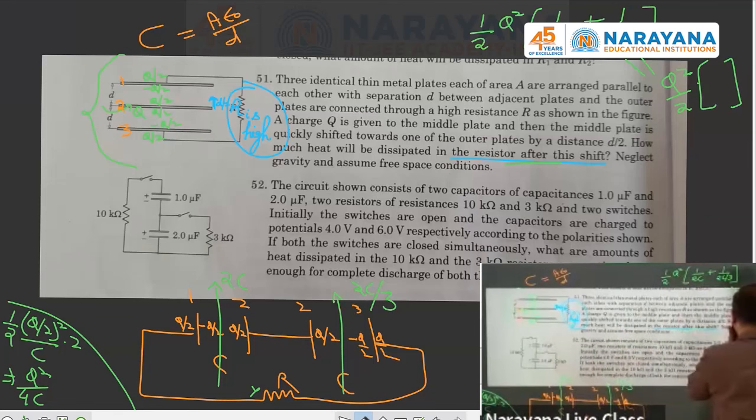How much is it coming, 4 by 2C, so that will come out as Q square by C.